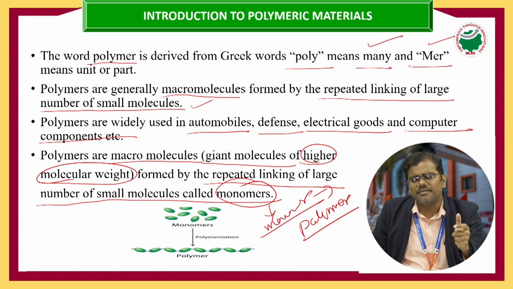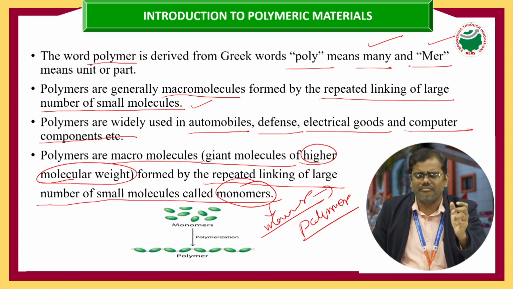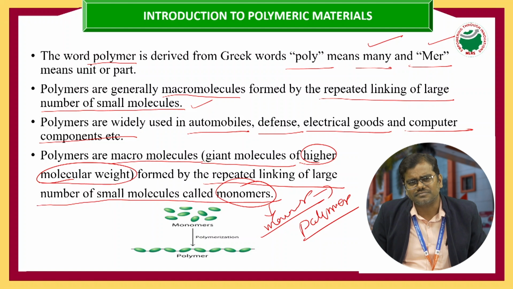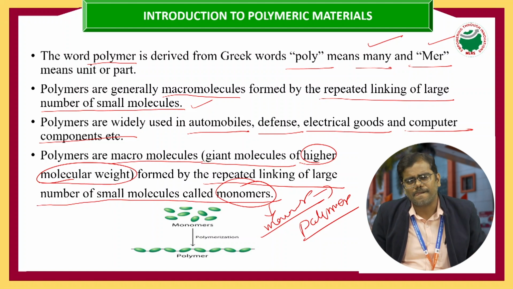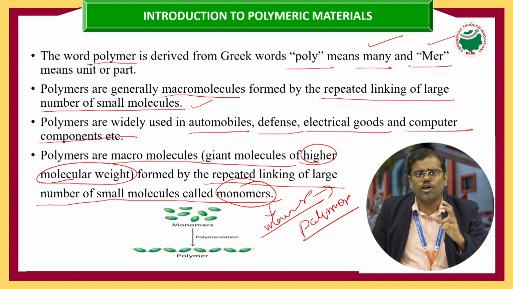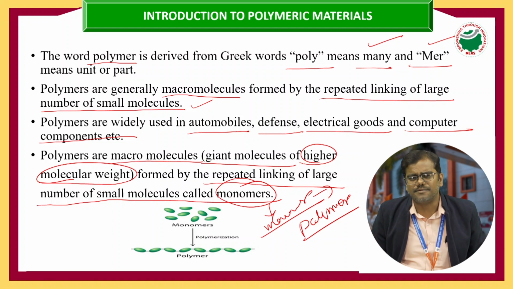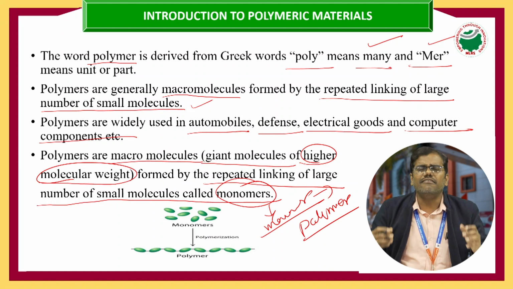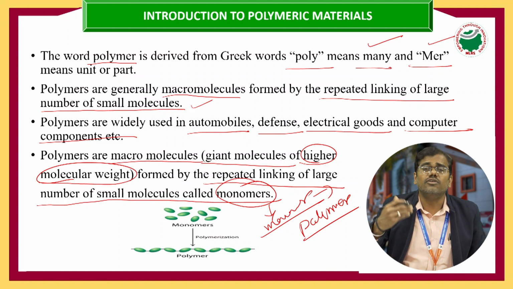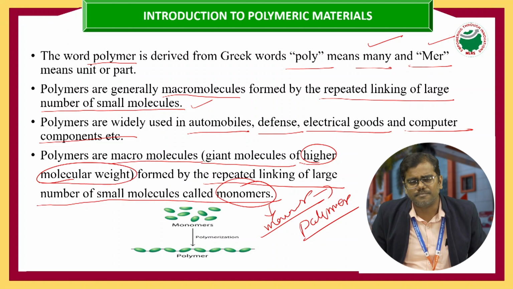Polymerization is a simple chemical reaction in which the monomers are the same or different. During the process of formation of a polymer, there will be a chance of eliminating smaller molecules, or there will be a chance without eliminating smaller molecules.